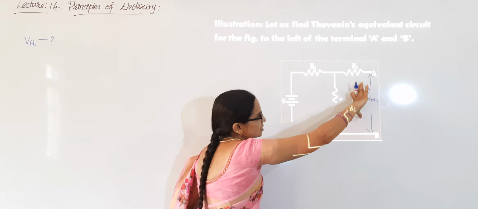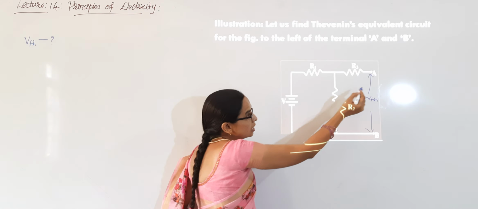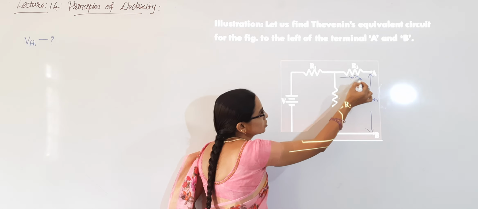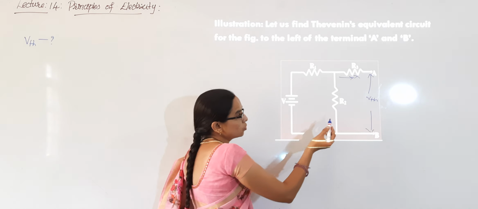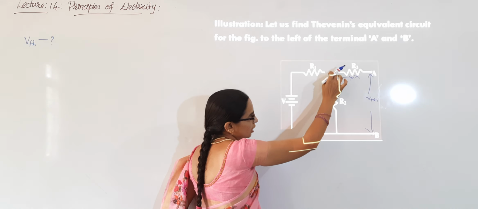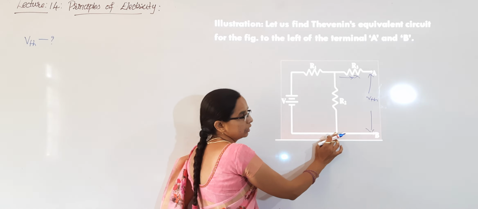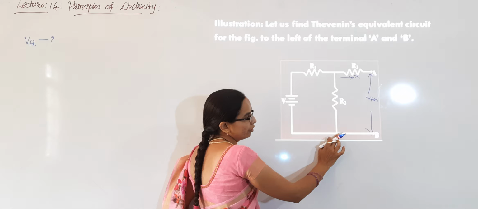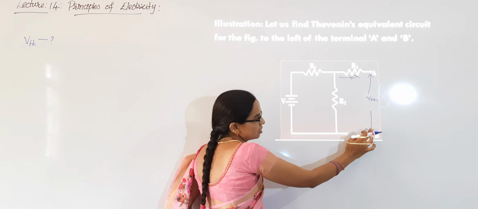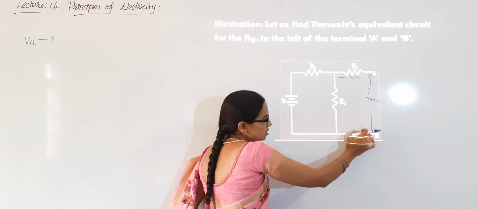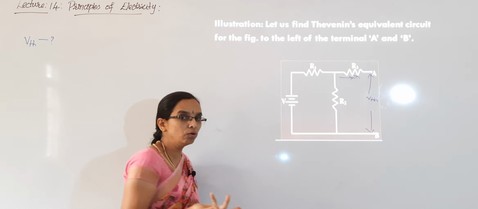This voltage is nothing but this voltage because this is an open circuit, so no current flows in R3. So whatever the voltage drops, it drops across R2. That means the voltage drop across R2 will be equal to the voltage drop across the A and B terminals. Okay, because this is an open circuit, no current flows, no voltage drop.